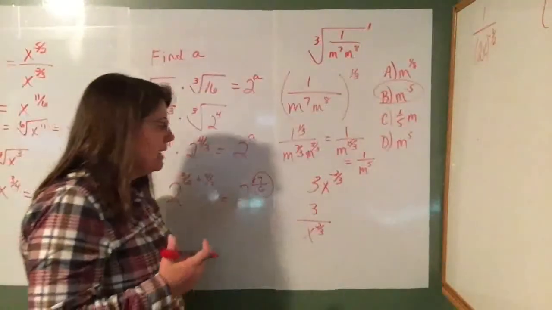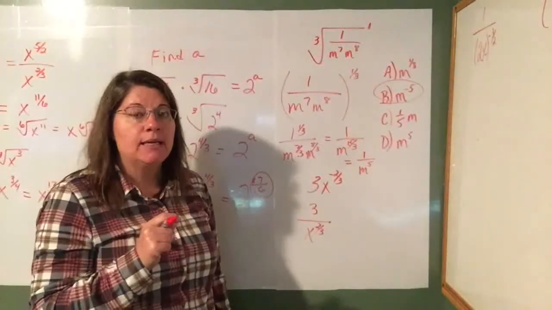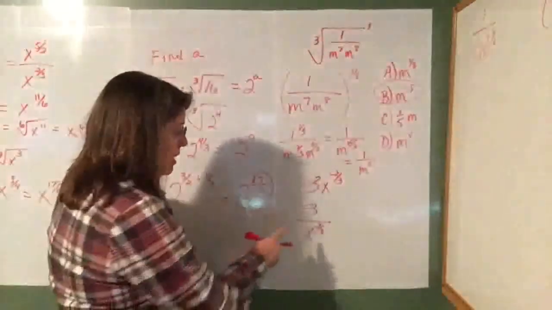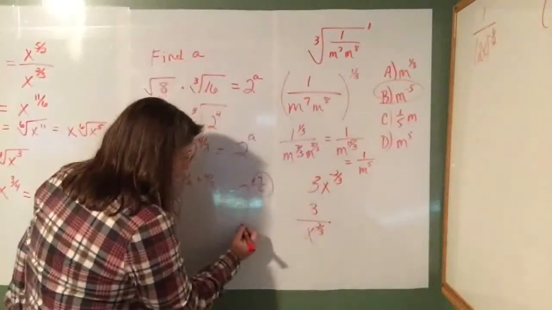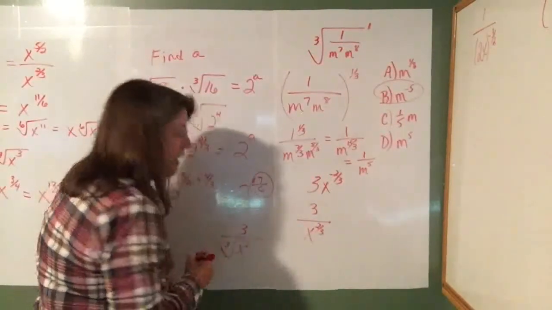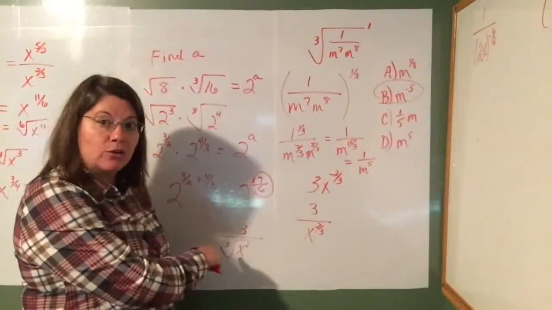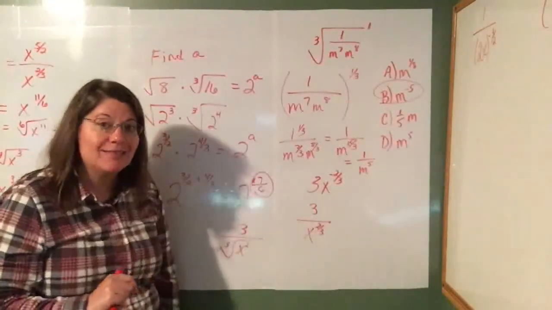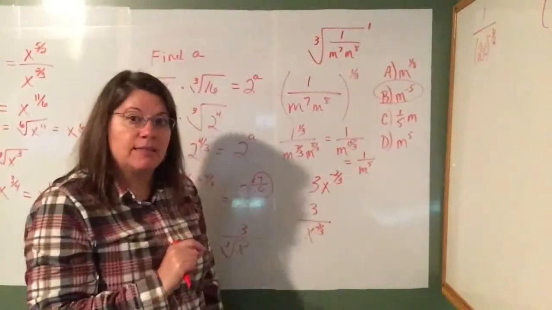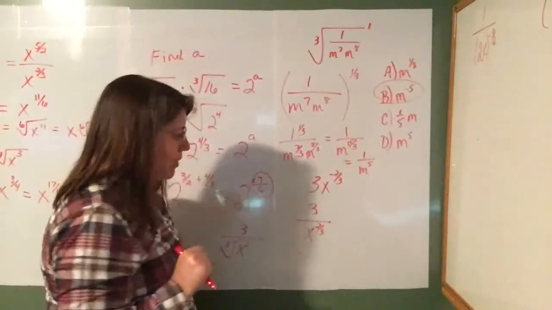And then, technically, since radicals are not allowed to be in the denominator because we have to rationalize our denominators, wouldn't that be the same thing as 3 over the cube root of x squared? And aren't we not allowed to have a radical in the denominator?